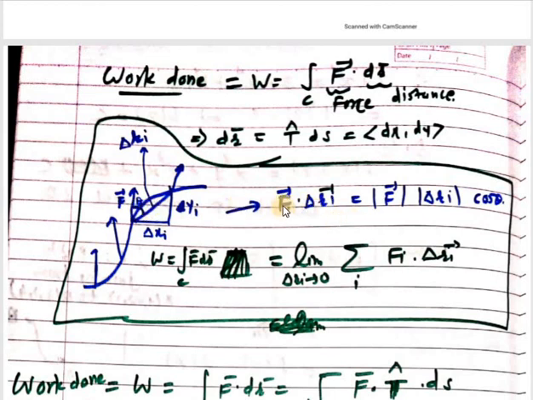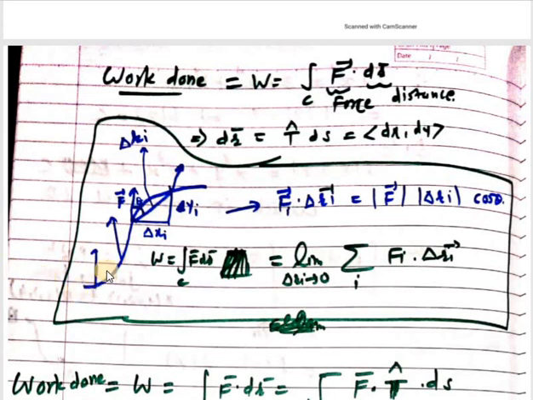If I consider the small partition, the ith partition, this is our vector field Fi dot delta ri. This is exactly the magnitude of F times the magnitude of delta ri times cos theta, because the angle between these two is theta. So our work done W is equal to the integral of F dot dr, because we have assumed a small partition.